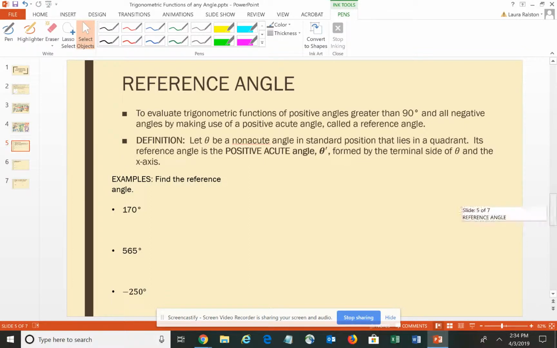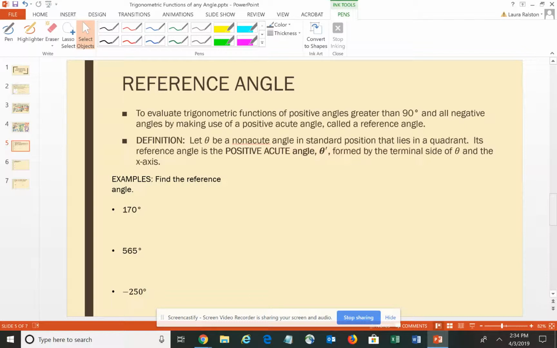Sometimes when you want to do angles that are more than 360 degrees or they're not a quadrantal angle, you want to use what's called reference angles. So to evaluate functions that have values that are greater than 90 degrees, or if you have a negative angle, we may want to use what's called a reference angle.